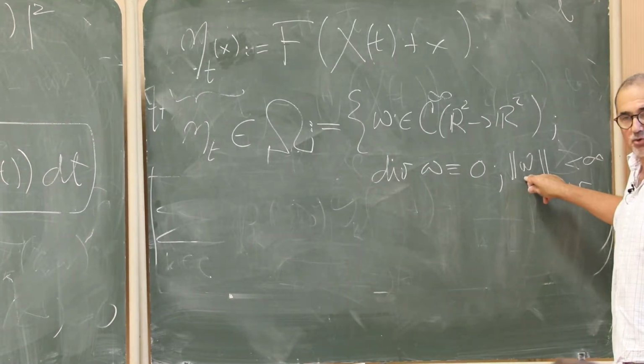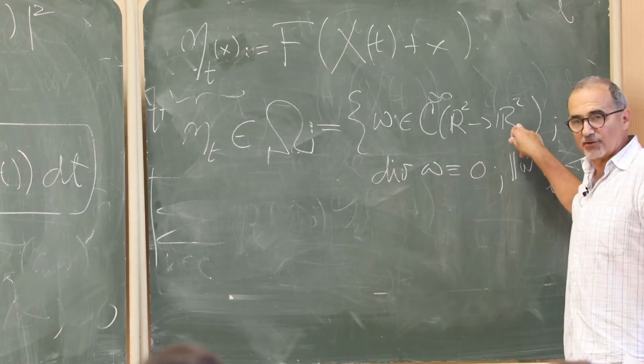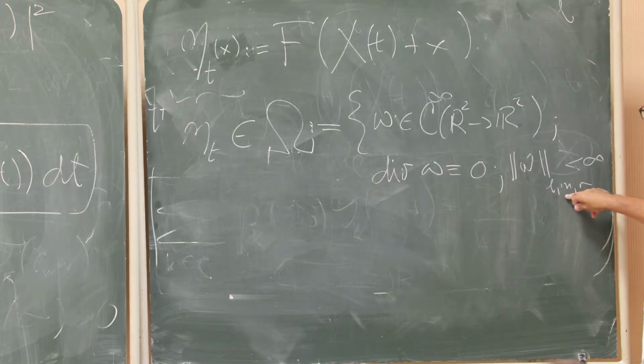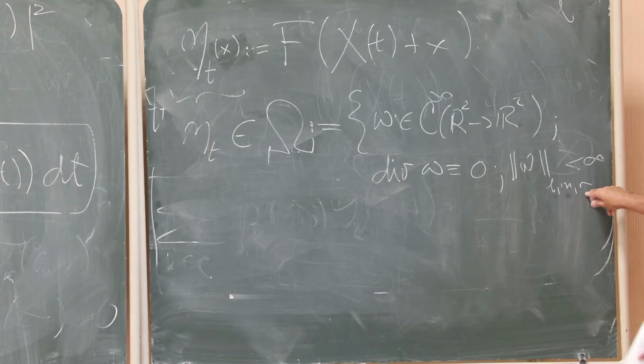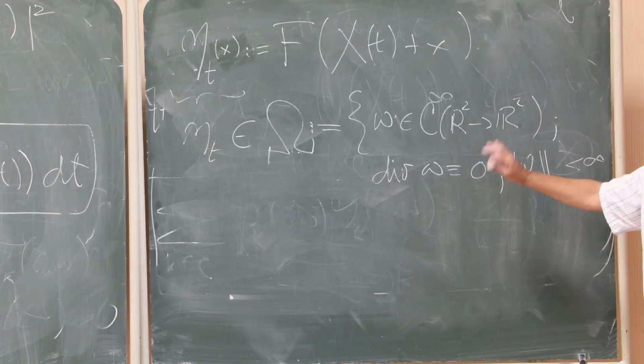That means omega has two components because it's a two-dimensional vector field. M denotes any kind of partial derivative. And R denotes somehow control of increase at infinity.